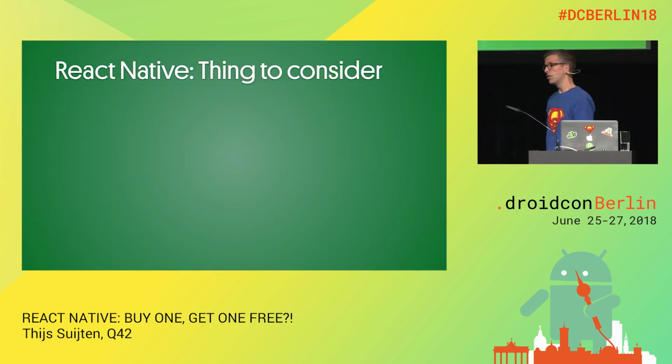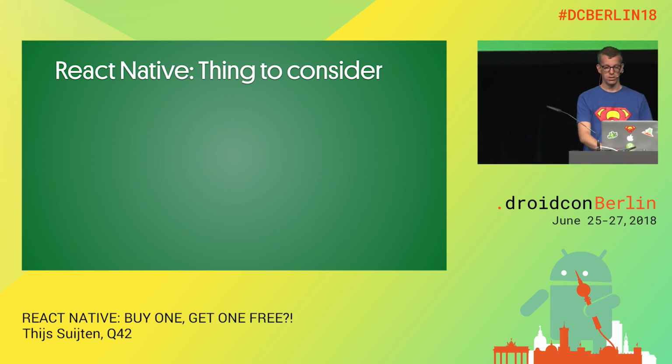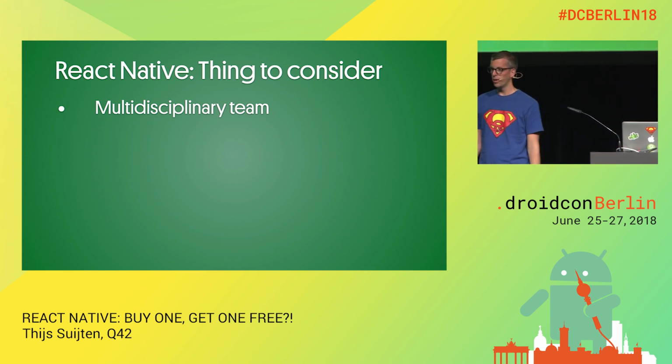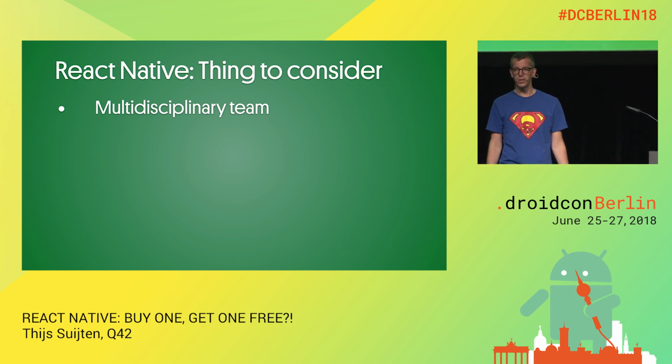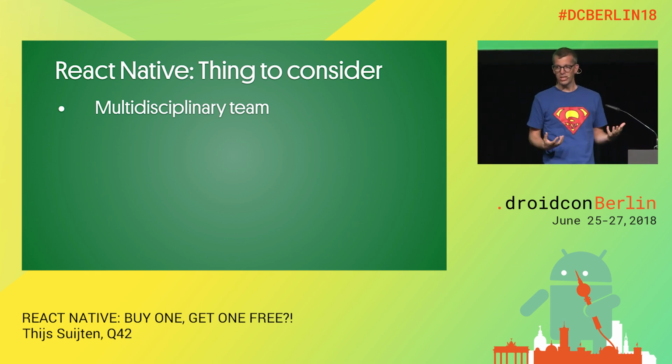So what things should you consider when doing a React Native project? One of the things we learned, like I said, is that the radio station app is the first app we used React Native for. And maybe we were a little bit naive, but the team consisted of mostly React developers.